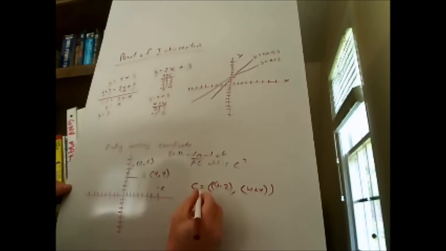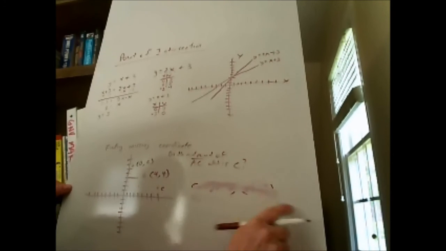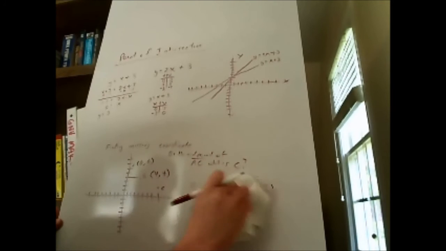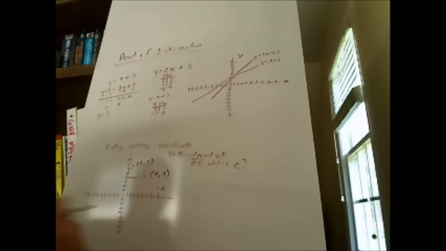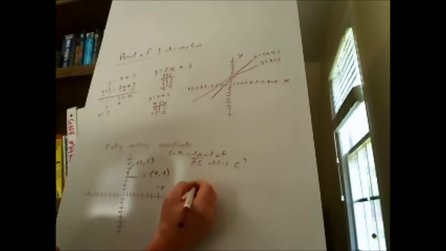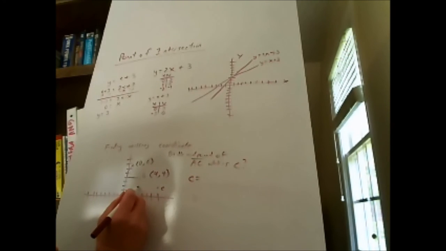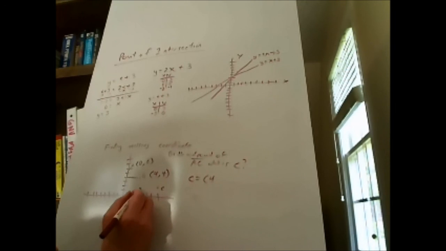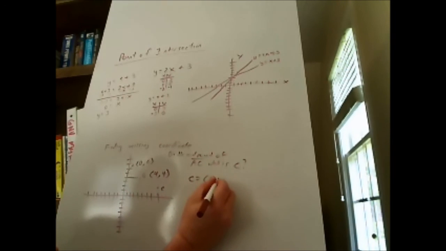Shoot. So, cross that out. We'll go one more time here. Look at the x first. C is going to be the run. b was at 4, and you're going to add 4 over, so it's 4 plus 4 for your x.